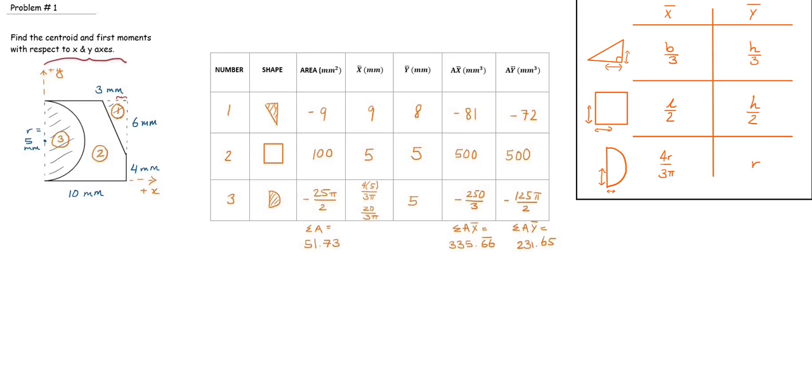The area times x bar is equal to 335.66. And the area times y bar is equal to 231.65.